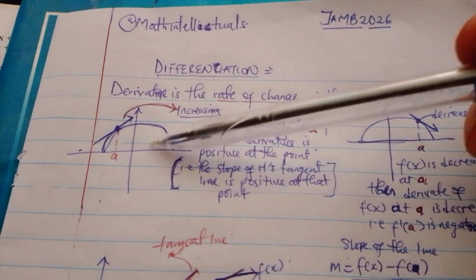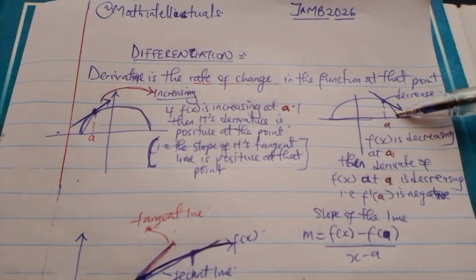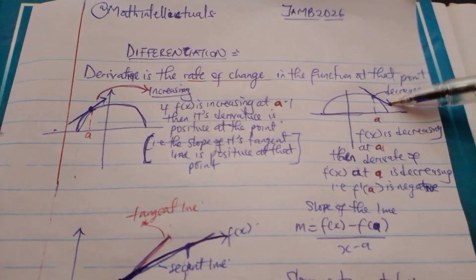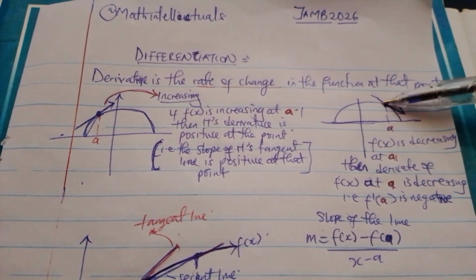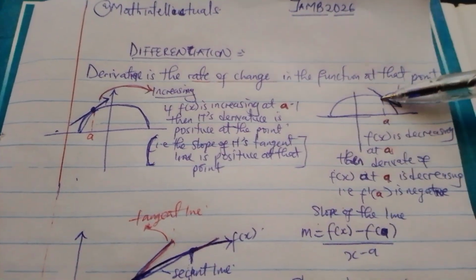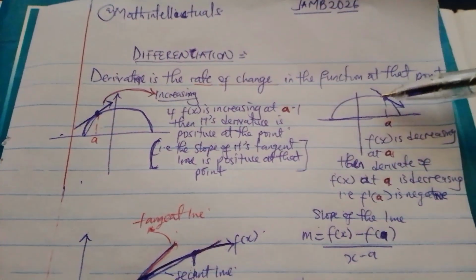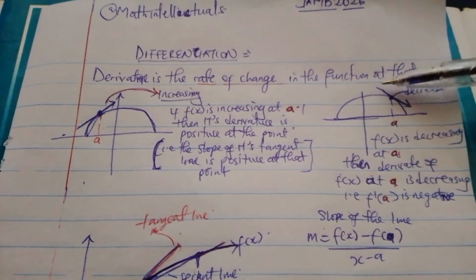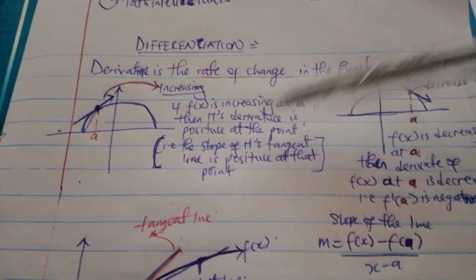Now if the function is decreasing, then the derivative will also be decreasing, because when the function is decreasing, that means the rate of change between 2 points here is decreasing. Is it clear now?